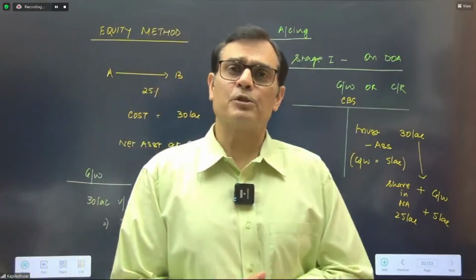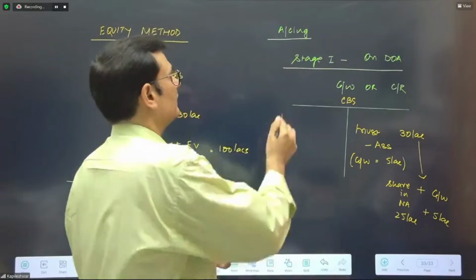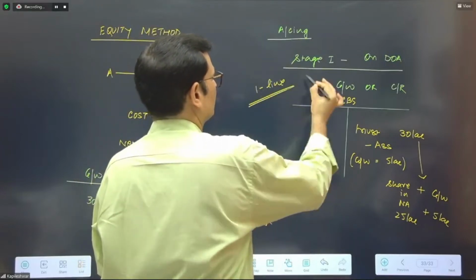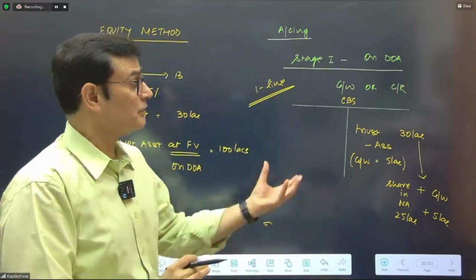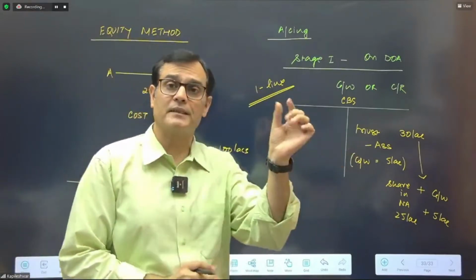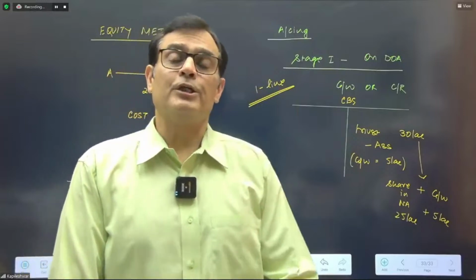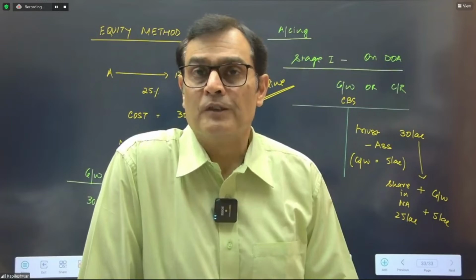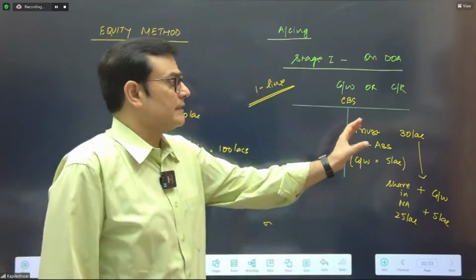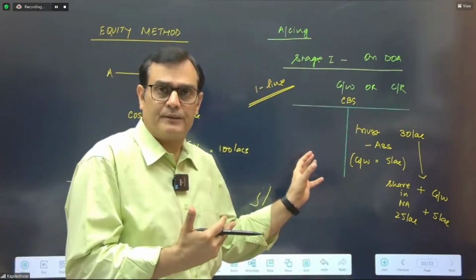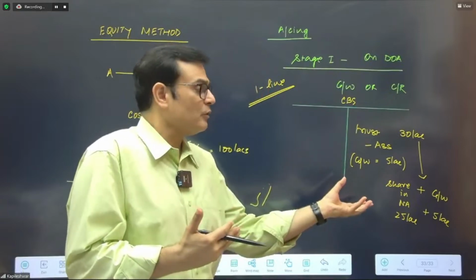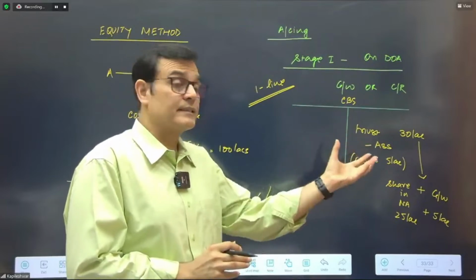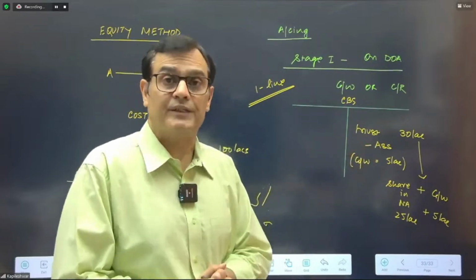So this equity method of consolidation is technically called one-line consolidation, because you're representing the investment in a single line. Remember, if you look at the consolidation under Ind AS 110, what do you do? You aggregate all the assets and liabilities and reflect an NCI. But the essence is that you're reflecting the share in the net assets, because you aggregate all the assets and liabilities 100% with the NCI.